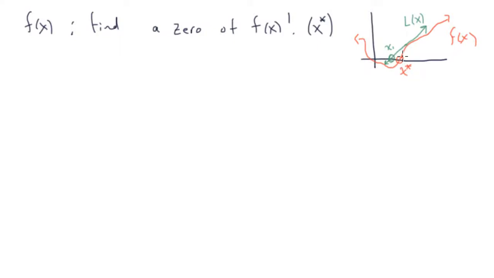And now the closer we take the linearization to the actual 0, we're hoping that the closer this approximation is going to get. Okay, so like I said, finding this x1 is going to actually give us the first step in what's called Newton's method. So here's what Newton's method is.